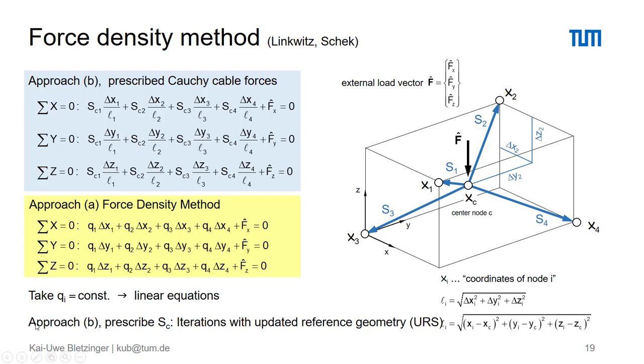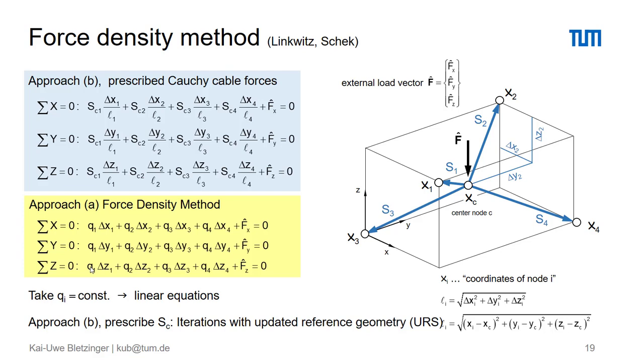One approach which we apply in this context is that we repeatedly solve along approach A, the linear force density method, repeatedly applying this approach, where with each iteration step we modify the force densities, which again are assumed to be constant for the next linear step.